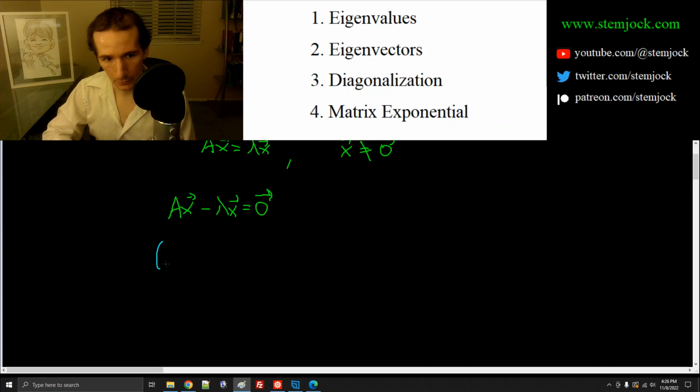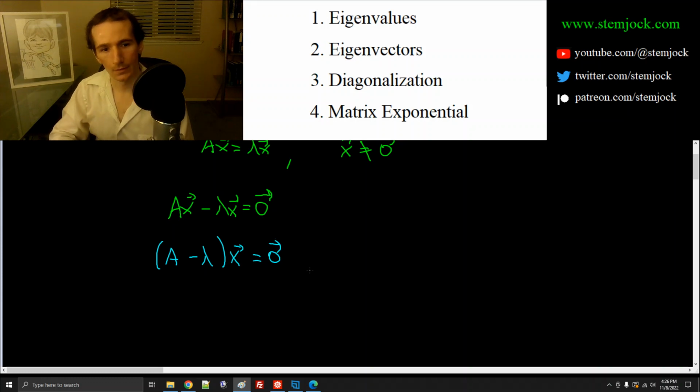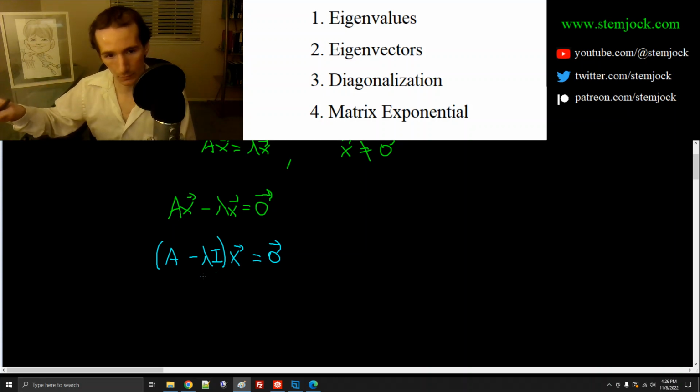So if I factor it, it becomes (A minus lambda) x equals 0. Now, A is a matrix and lambda is a scalar. It's appropriate to have this as a matrix as well, so we put the identity matrix I to make it so. I is the identity matrix with ones all along the diagonal and zeros everywhere else.